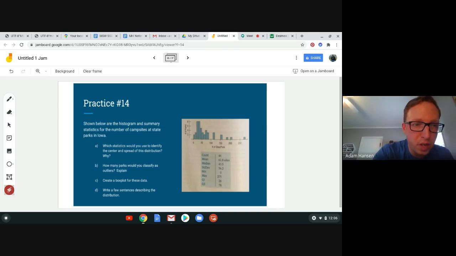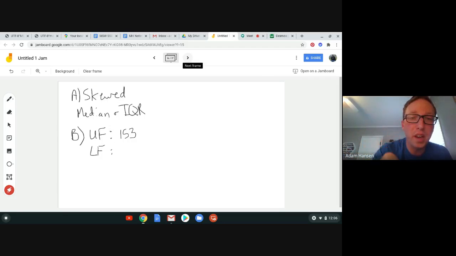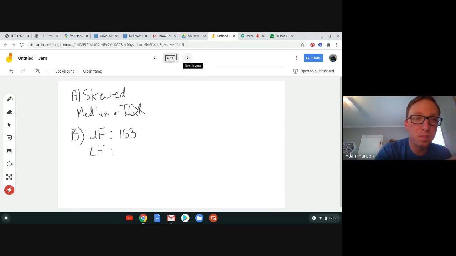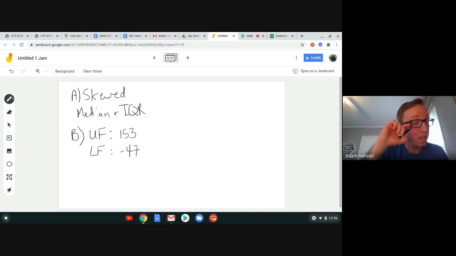153 is about right here. I'm sorry, right about here on your histogram. So let's say that there's about 4 or 5 outliers because there are data points that are above 153. The lower fence would be 28 minus 1.5 times 50, which is negative 47. It wouldn't make any sense for state parks in Iowa to have less than negative 47 campsites.